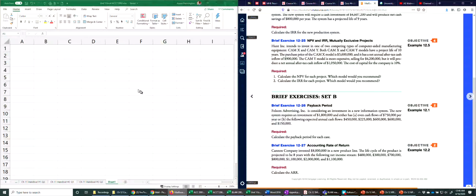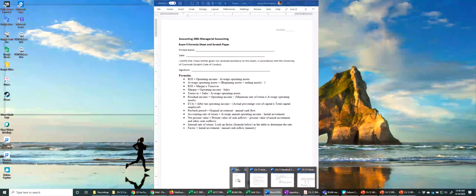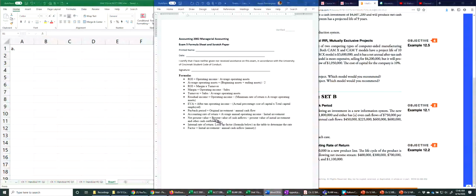All right, so we can do that. A is going to be relatively quick. This is on your formula sheet. Payback period, original investment divided by annual cash flow.